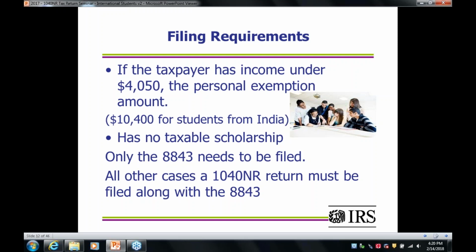So that added with the personal exemption amount is $10,400 for students only from India. So if they have income of less than $10,400, they also would not need to file the 1040NR and only do the 8843.